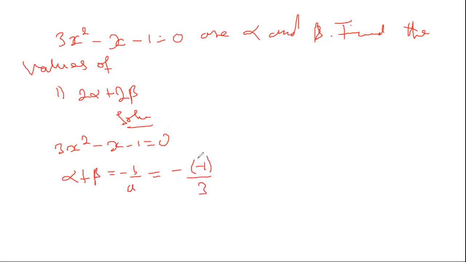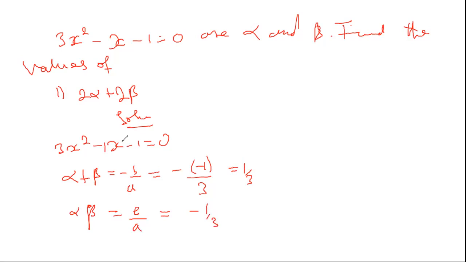The negative 1 is the value of b, the coefficient of x. So this is a third. Then alpha beta, the product, is c over a, which is negative 1 divided by 3.